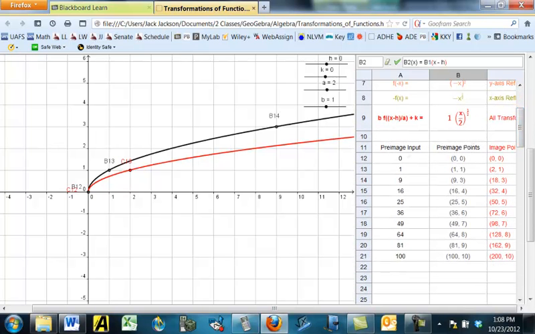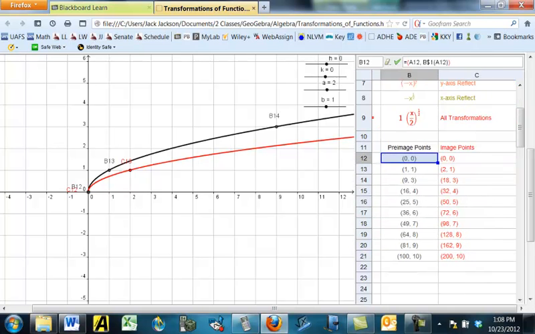Again, with this applet, you can change these numbers to anything you want. It's going to show up. Let me just show you. If I change this to 2, that's 2 comma square root of 2. Square root of 2 is approximately 1.41. And then you see the image point there, the same y and twice as big an x. I happen to pick some values that are perfect squares, so I get nice whole number values here.